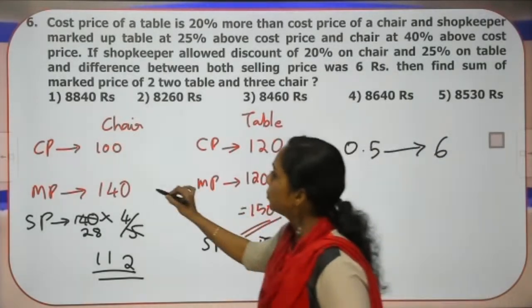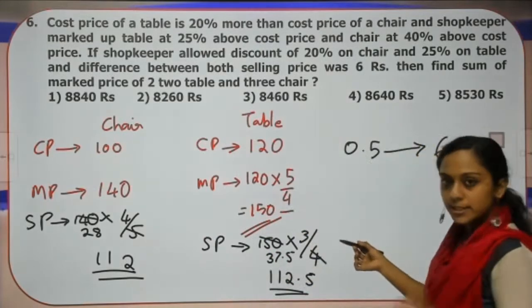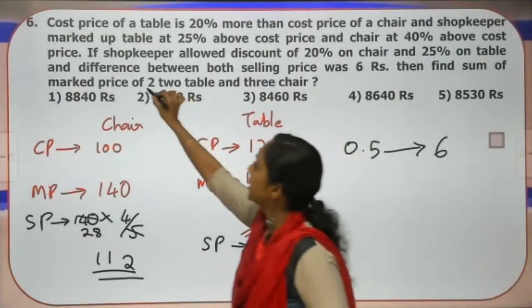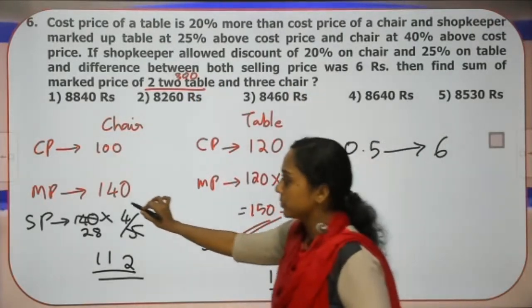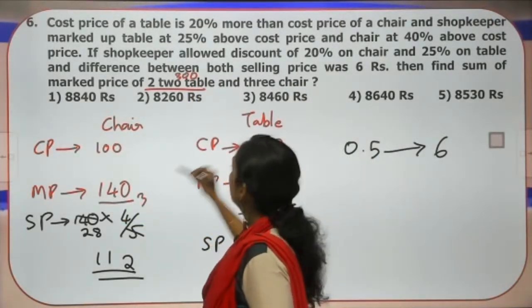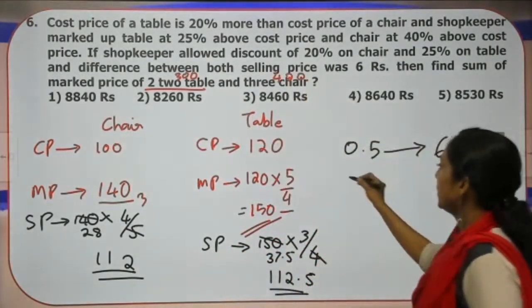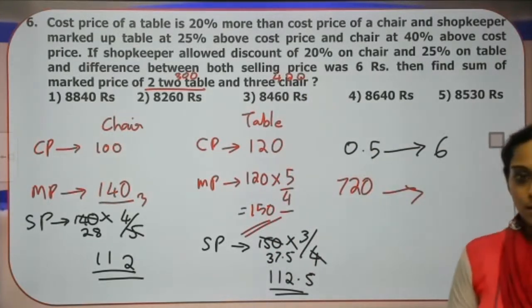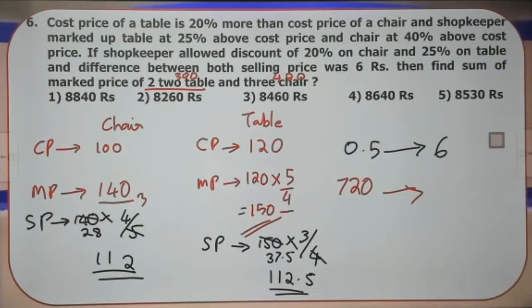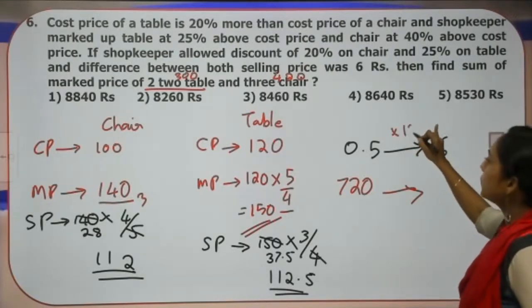Marked price of 2 tables. This is 150, so 150 into 2, that is 300. 2 tables, so that is 2 into 150, that is 300, and 3 chairs. So this is 140, into 3, that is 420. So the total is 720. Then for 720, how much? What is your answer? See, 0.5 into 12 will give you 6.